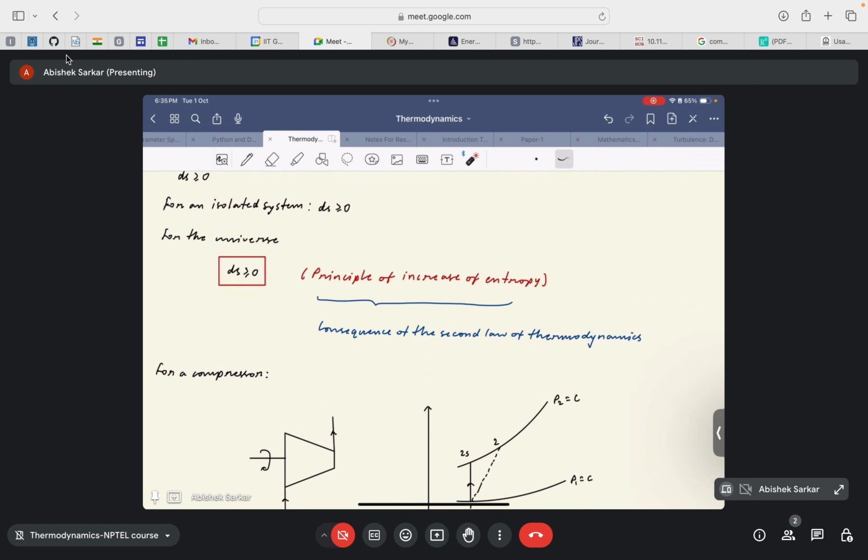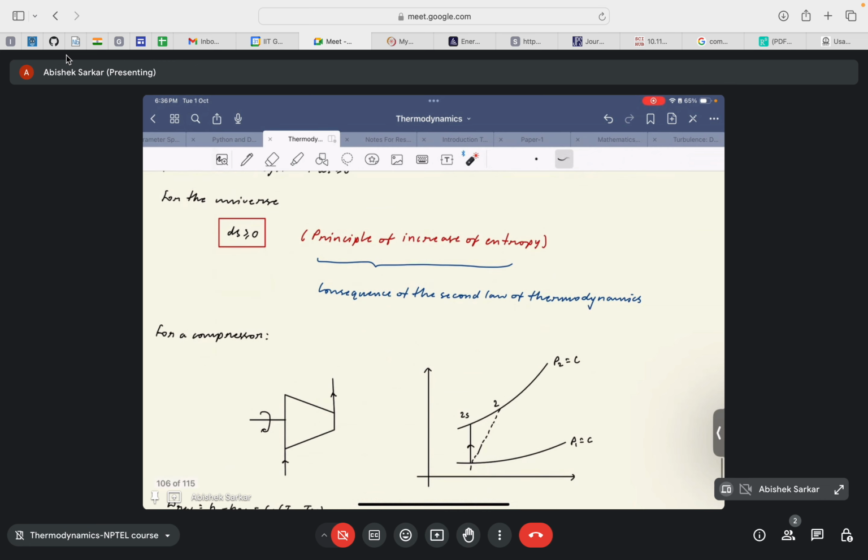So the entropy of the room would go down, but the energy required to run that AC, or the energy required to pump the heat out of the room, or I can say the energy interactions required to pump the heat out of the room will result in a higher entropy generation than the net reduction in the entropy within the room.